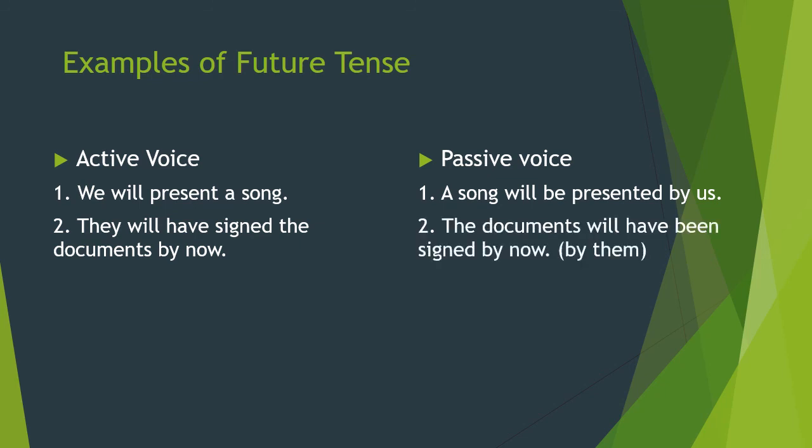The documents will have been signed by now. And why I have put by them in the bracket is, if you require you can write it, or otherwise you can omit it. By now is important because it is a prepositional phrase, and by them means it is the subject. So it is okay even if you avoid by them.